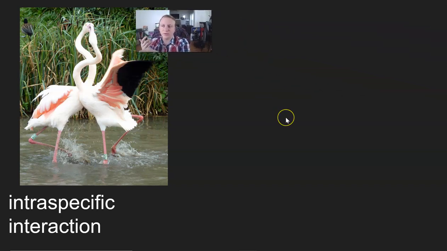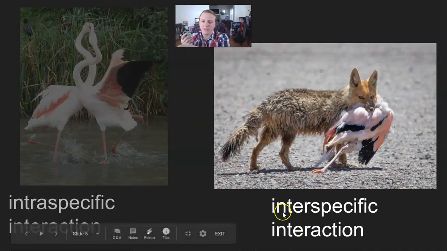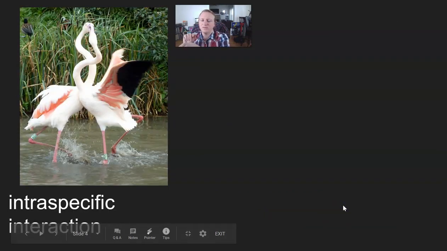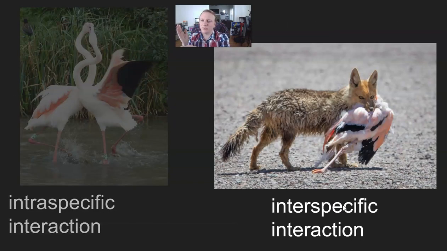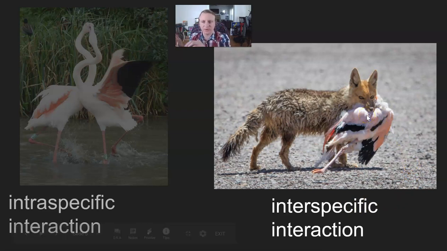And that's contrasted with interspecific interactions. Interspecific is two individuals of different species. So for instance, you have a fox here eating a flamingo. Two different species interacting with one another. Interspecific.